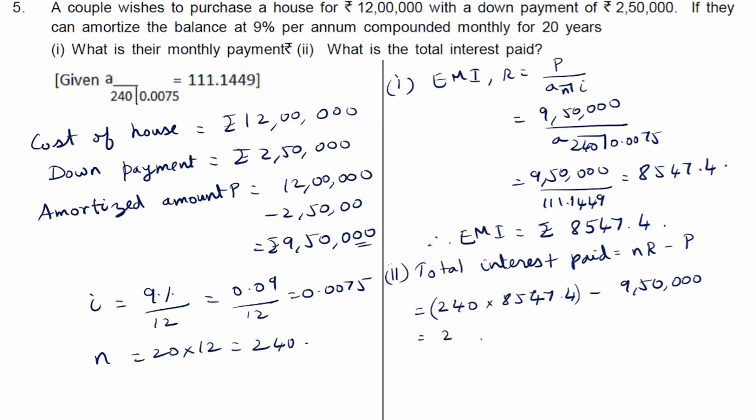So this is 20,51,376 minus 9,50,000. Now this when we subtract, we get it as 11,01,376 rupees. So this much is the total interest paid for 9,50,000. So if an additional question is asked, what is the total interest paid? That will carry 1 mark. So finding the total interest paid will have 1 mark.